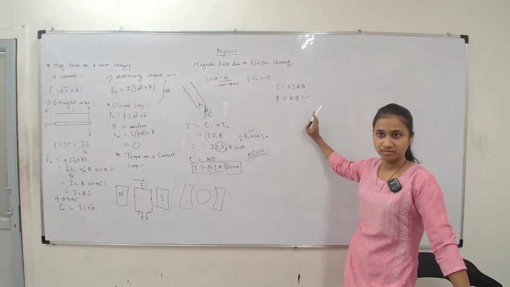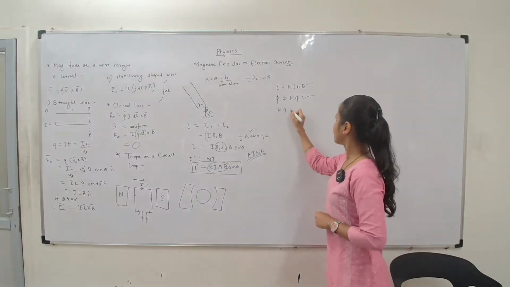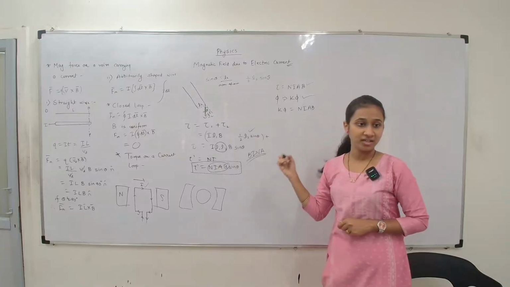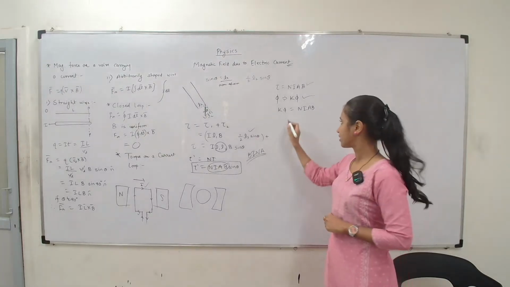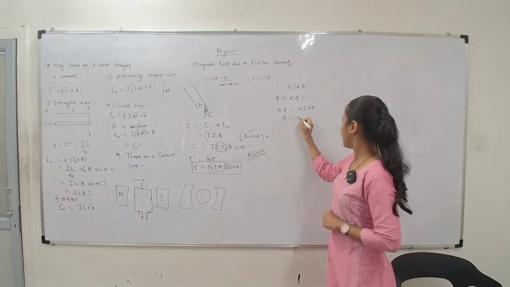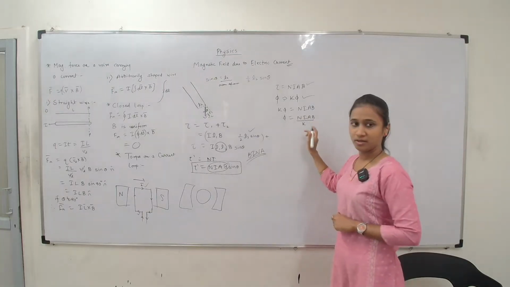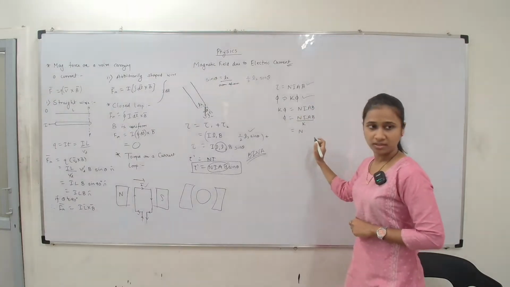Both will be counterbalanced. So we are going to equate this: K phi is equal to N I A B. We are interested to know about the deflection. Okay, what does deflection depend on? So phi will be N I A B upon K. From all these terms, N is the constant number of turns.